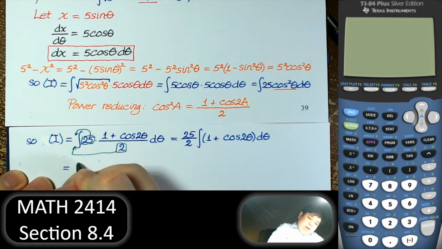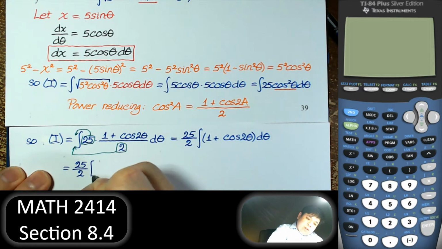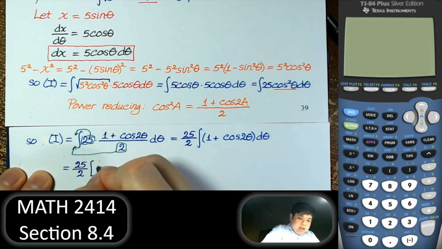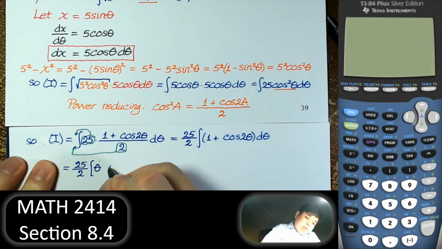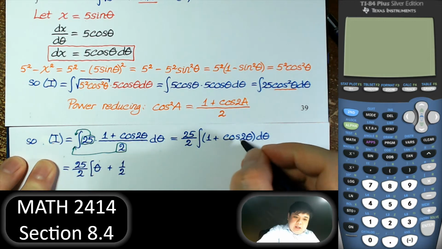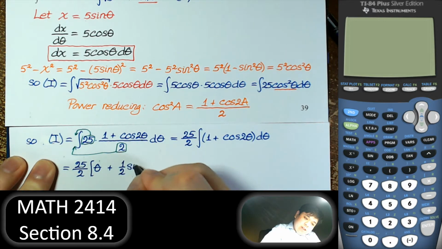We still have 25 over 2. The integral of 1 is theta, and the integral of cosine 2 theta is 1/2 sine of 2 theta.